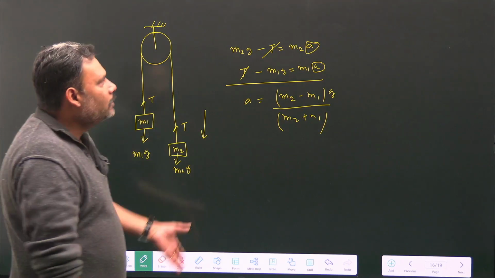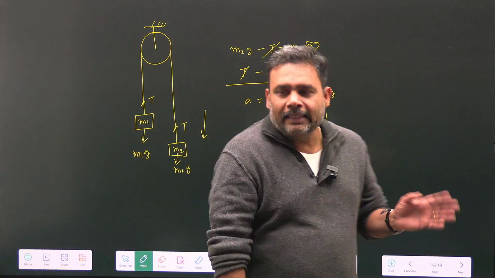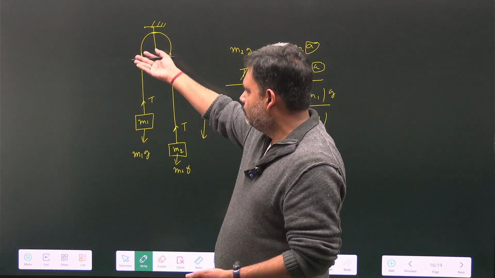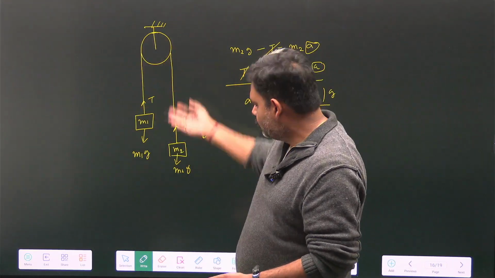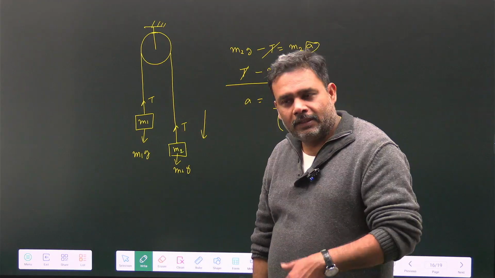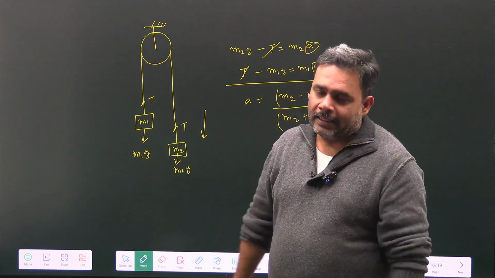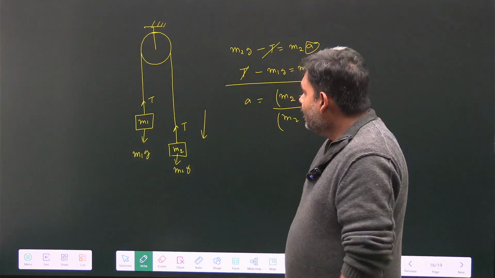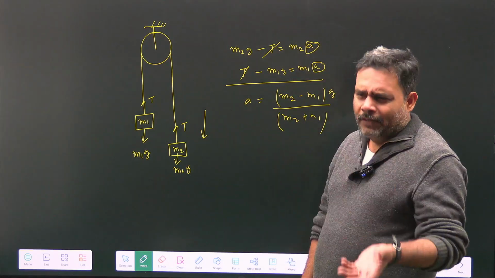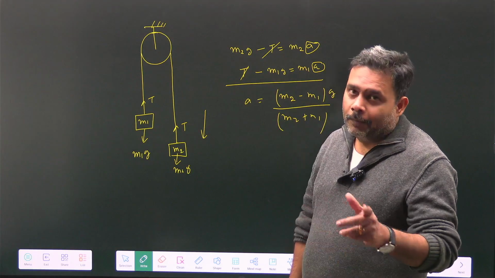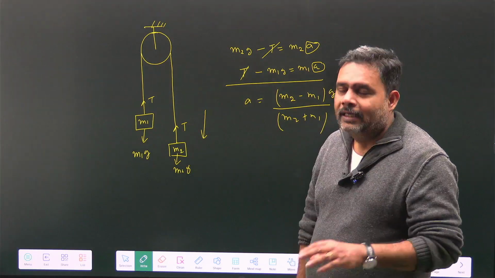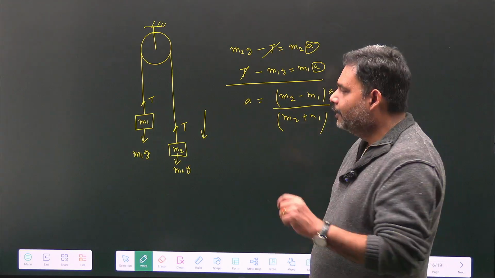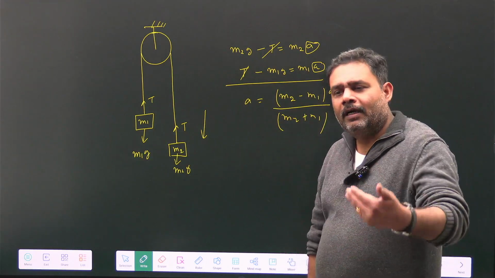Obviously, in this simple problem you can easily say, yes sir, this will move upward the same distance in the same time as the other moves downward, so both accelerations are the same. It is so obvious, so trivial, but when a complicated problem comes into the picture, then you will find real difficulty.